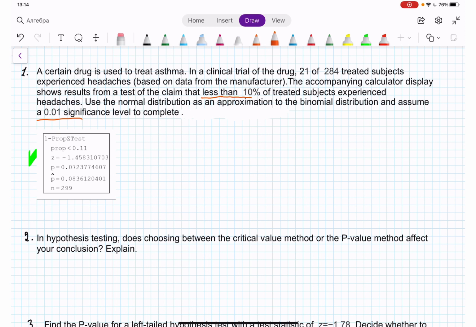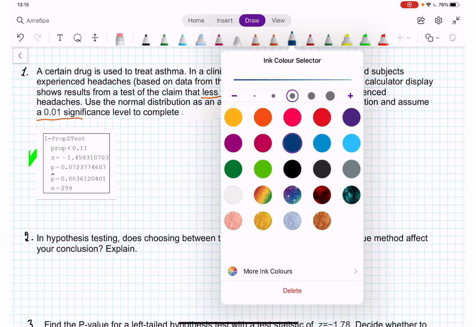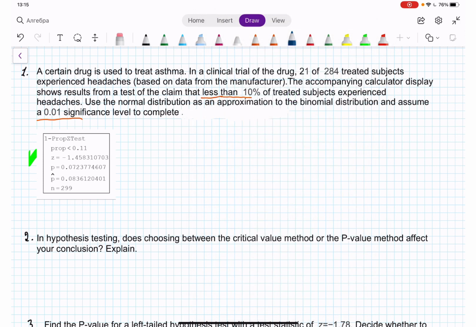Let's answer the following questions. First one: is this test two-tailed, left-tailed, or right-tailed? Here it says less than 10%. Less than means we have a left tail.